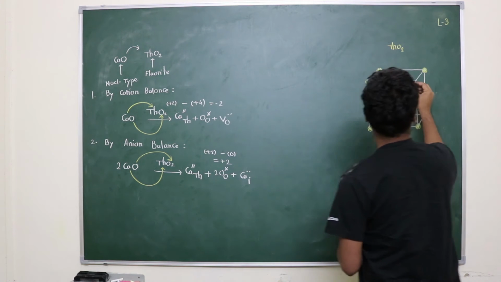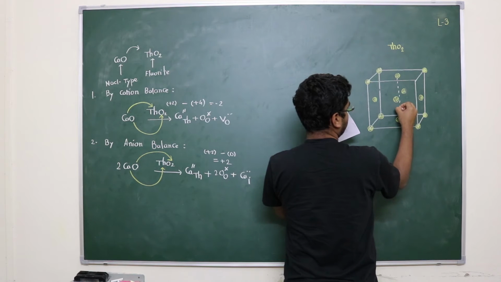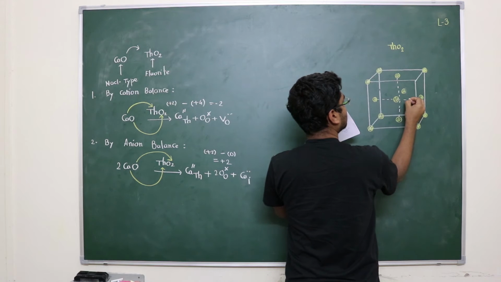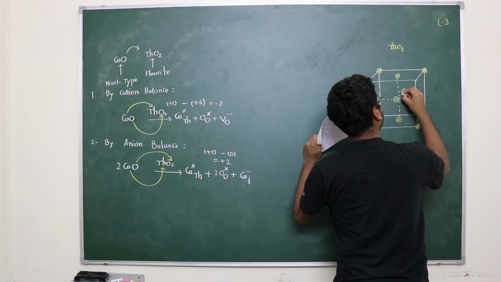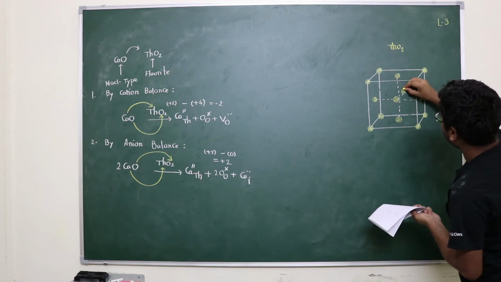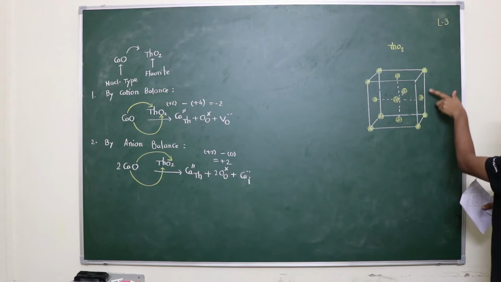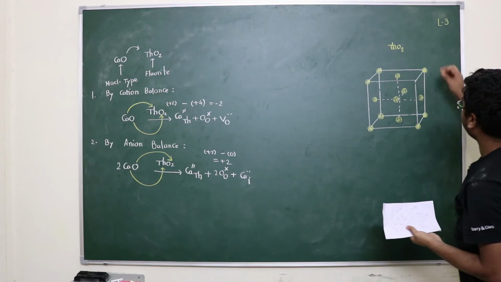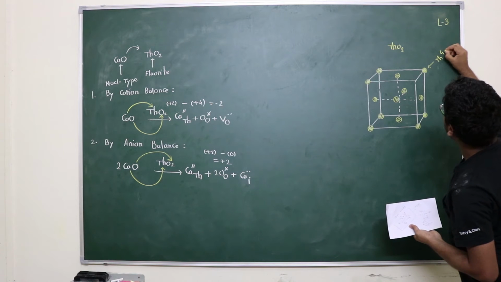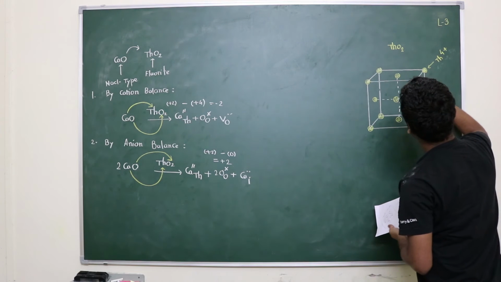So if we draw a line here, it will look like this. There will be a connection. And here, right? So 8 atoms in the corner and 6 are in the face center. These are the thorium, Th4 plus. And the oxygen will sit at this position.